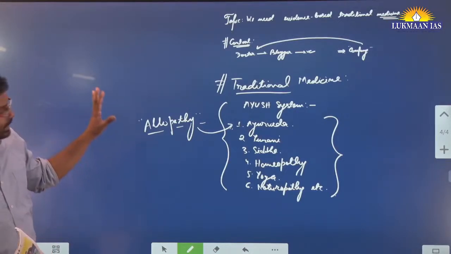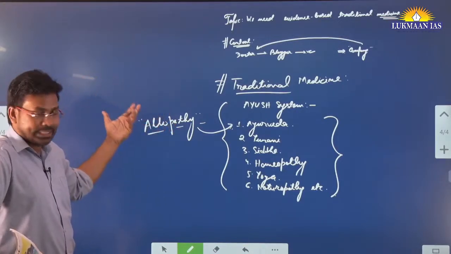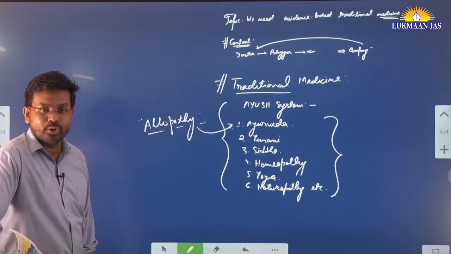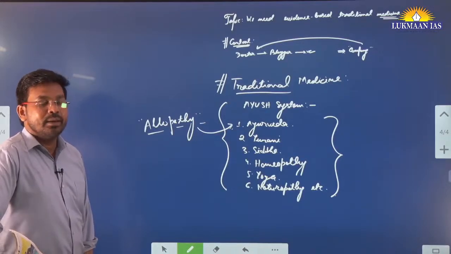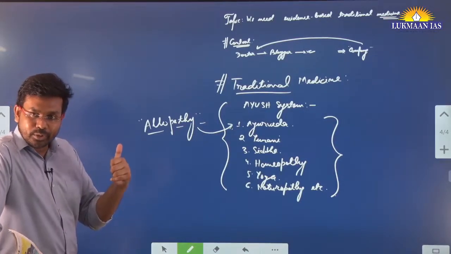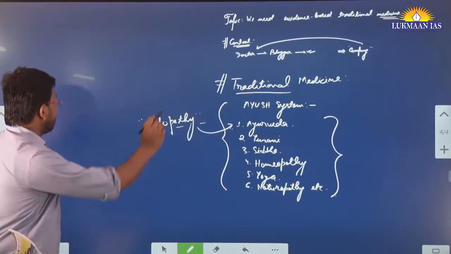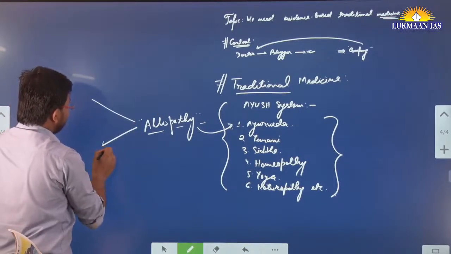Here the author has talked about the allopathic system of medicine. This allopathic system which is being followed is evidence based. Why? Because people are doing a huge amount of research into it, and it has led to the development of many scientific methods for treatment.